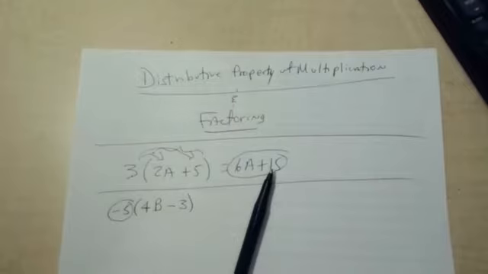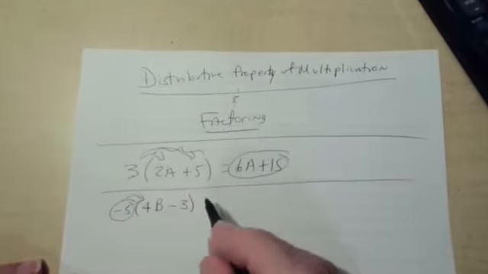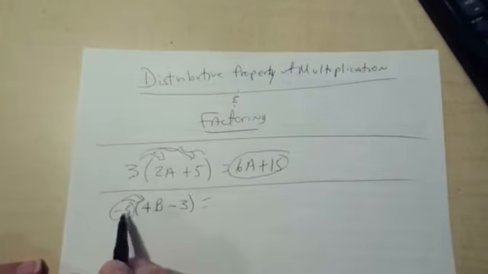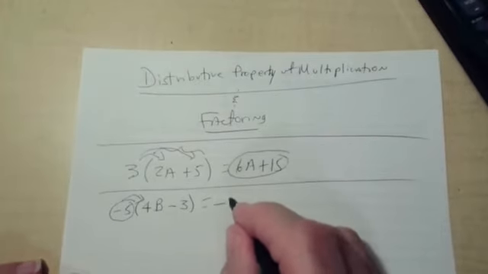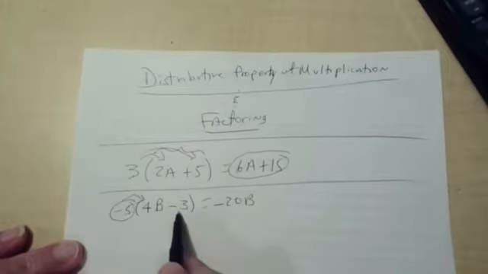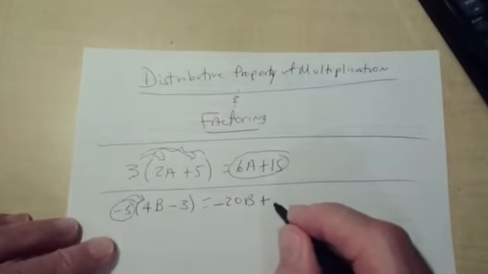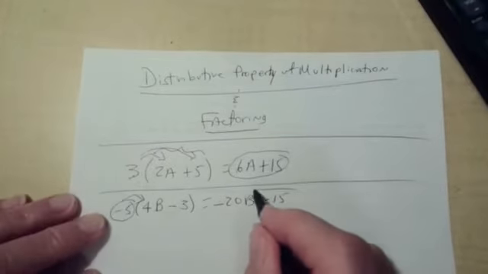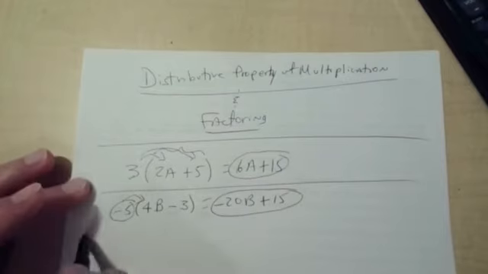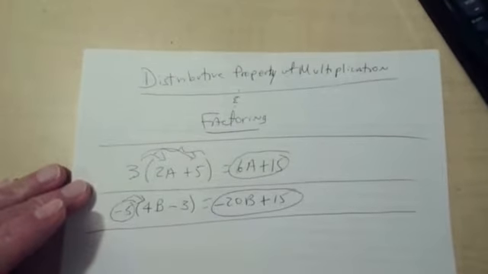So negative 5 times 4b, a negative times a positive is a negative 20b, and negative 5 times a negative 3, negative times a negative is a positive 15. Okay, it's pretty simple and straightforward there.